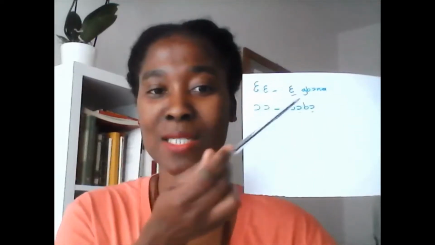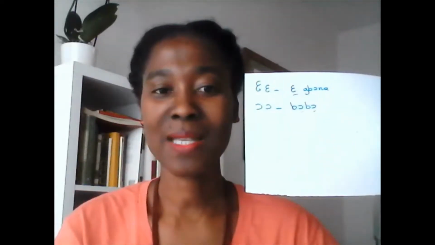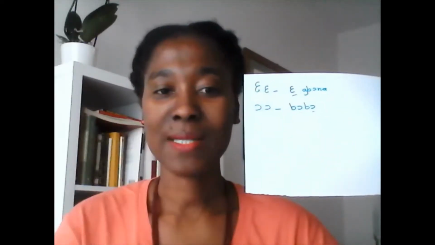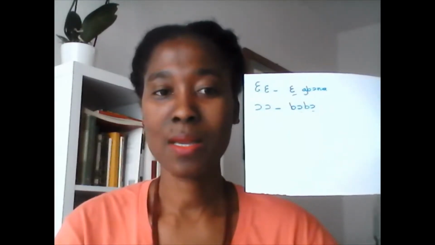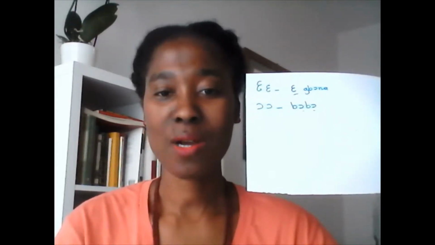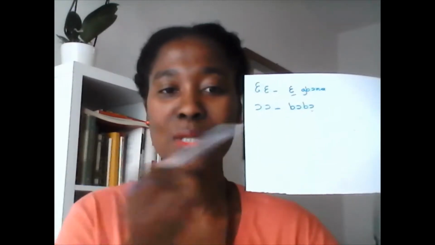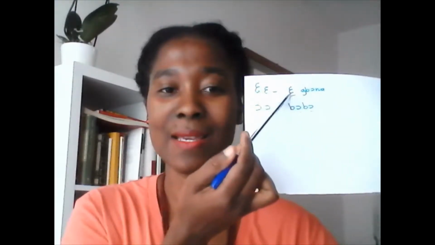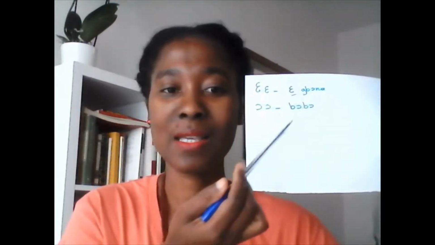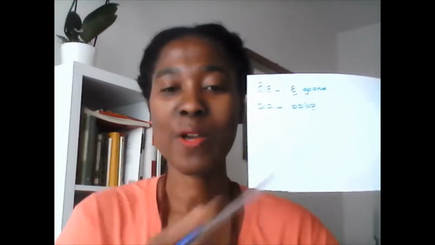The first one I did not translate. Elbona means he is coming. So the e here is he, and then the bobo is cooked beans.